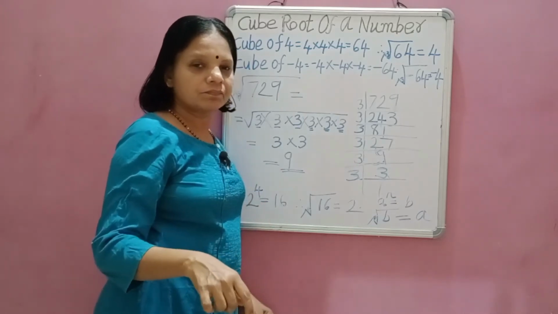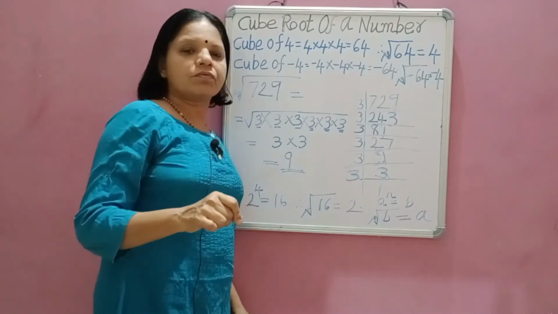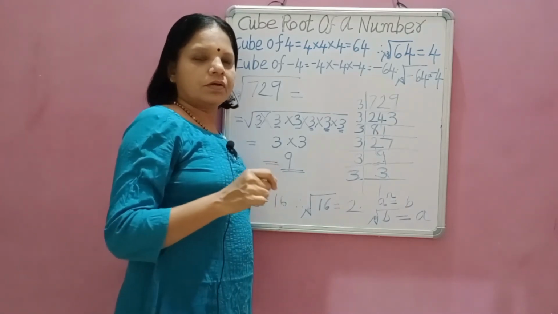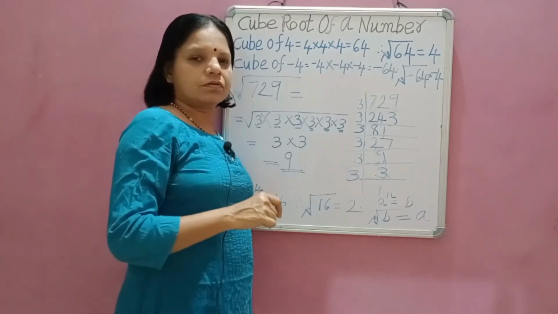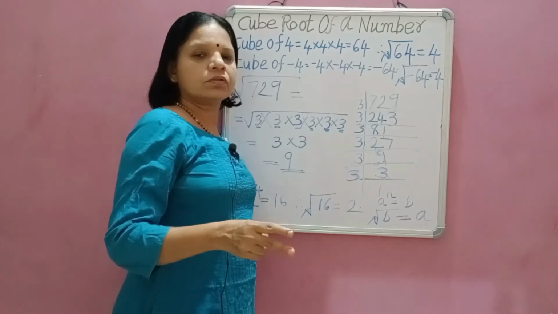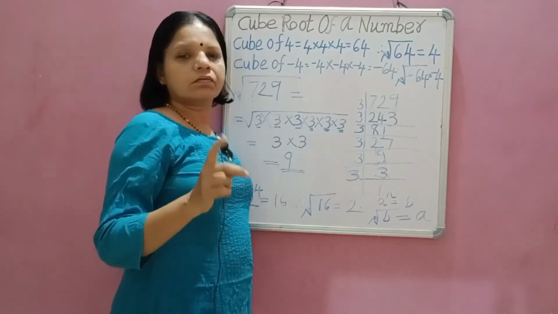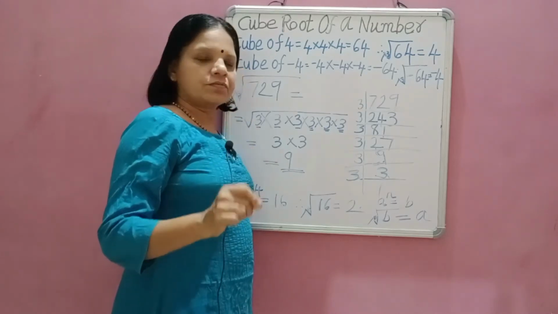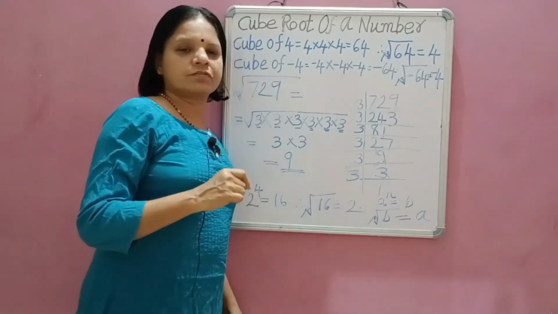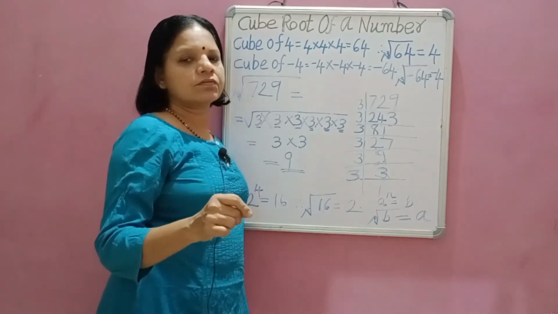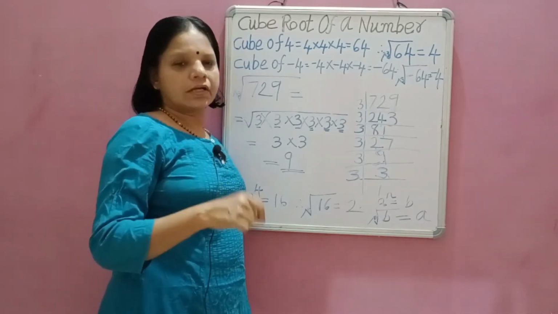Another difference, square root of a number can be positive or negative, 2 values, whereas for cube root you will get only 1 value. If the number is positive, cube root is positive. If the number is negative, cube root is negative.